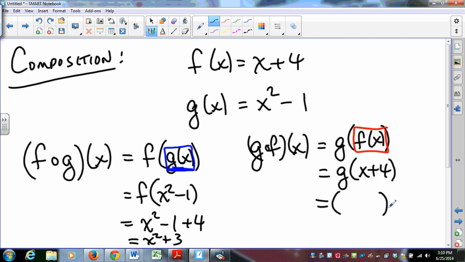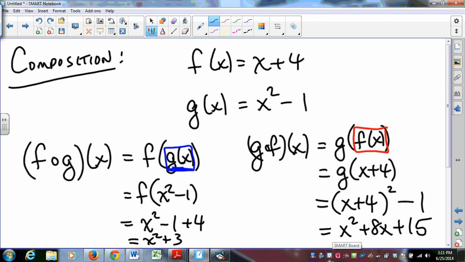The g function squares the input and subtracts 1. But this is the input. And so that's my gof of x. A little bit of algebra. x squared plus 4x plus 4x plus 16 minus 1. Compositions are not commutative. Fog is not necessarily gof.